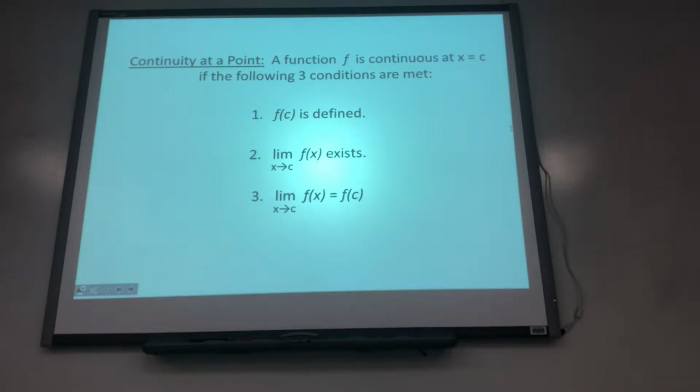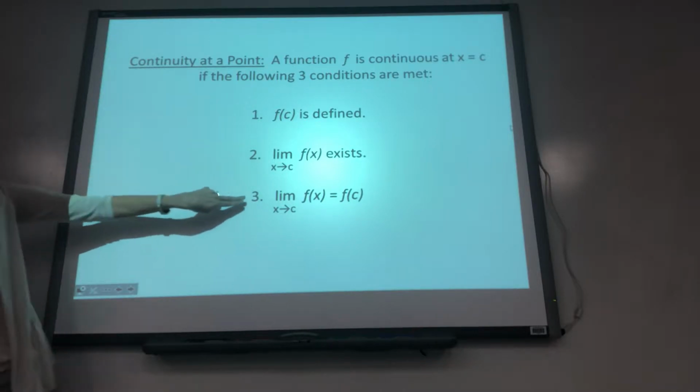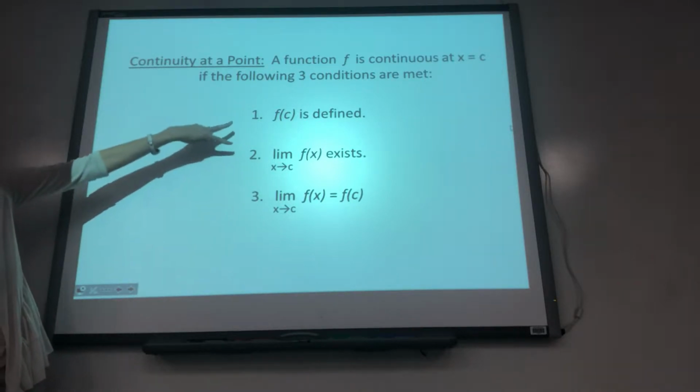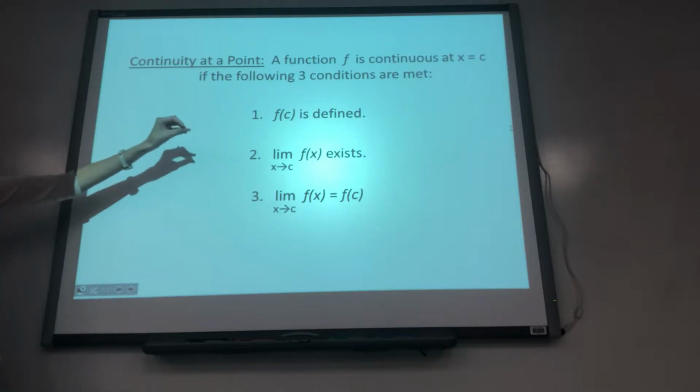But here comes condition 3, and it says the limit as x approaches c of f of x equals f of c. And that is actually kind of putting those two other conditions together.